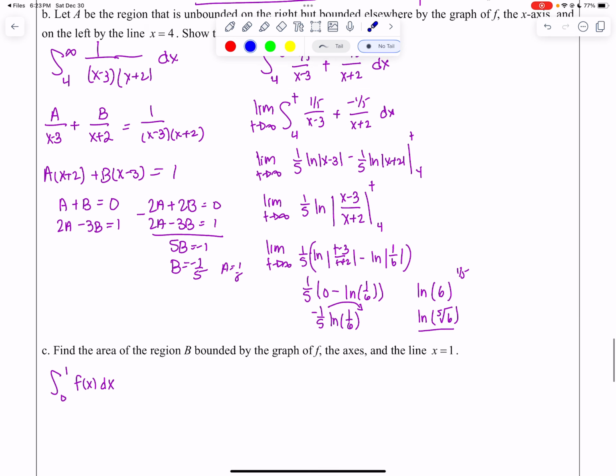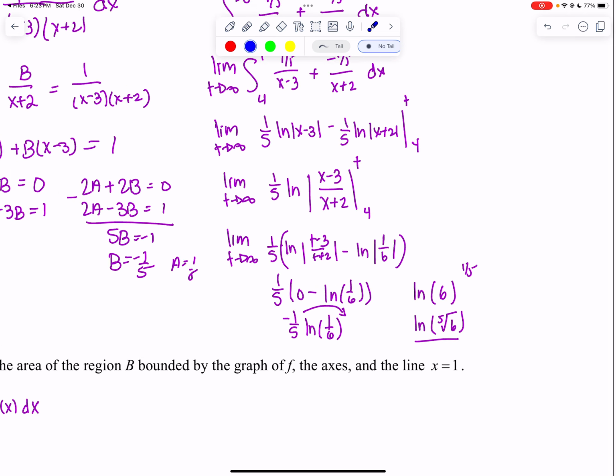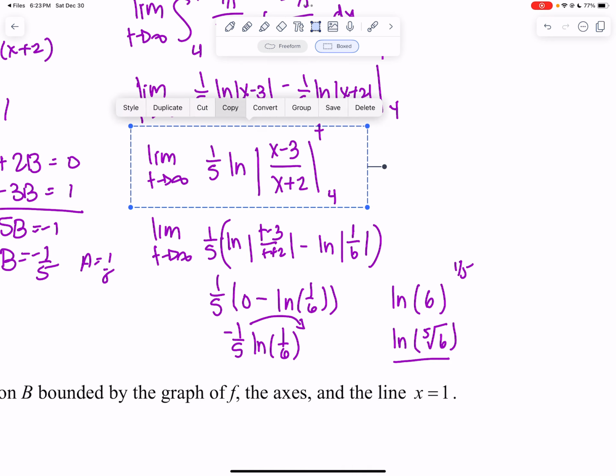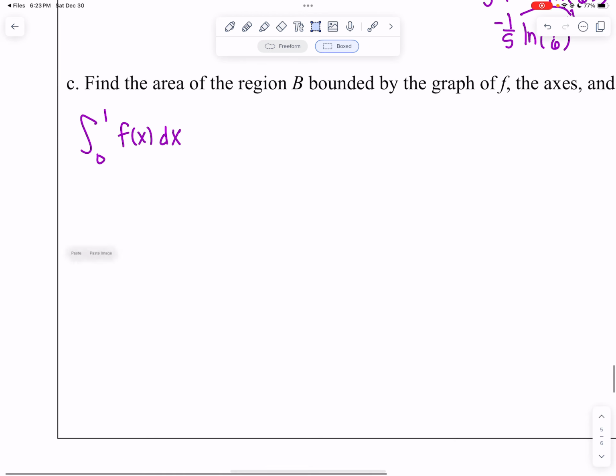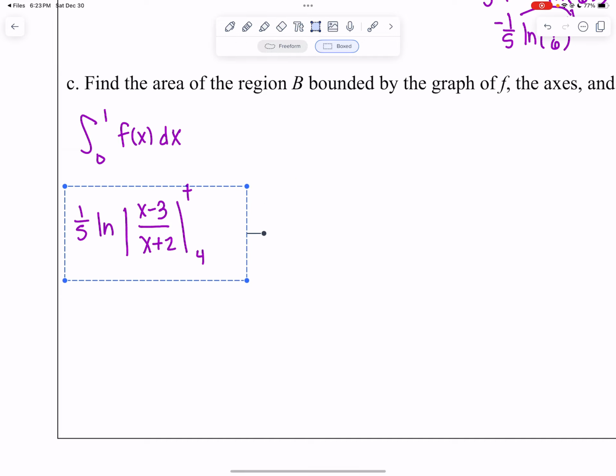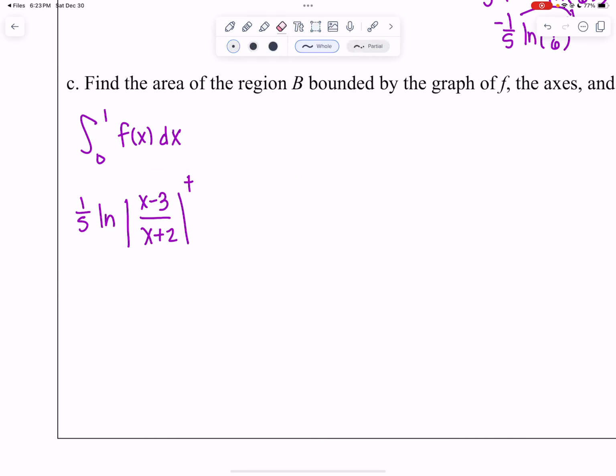That being said, what I'm going to do is just copy what I have right here, because we're not doing anything new, but change my bounds so that it is from 0 to 1.